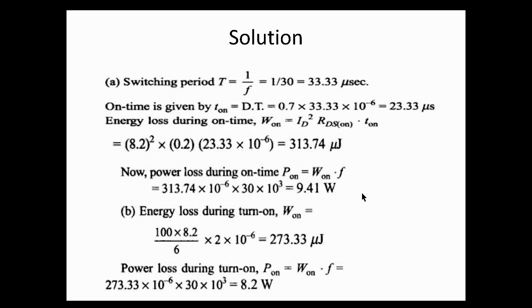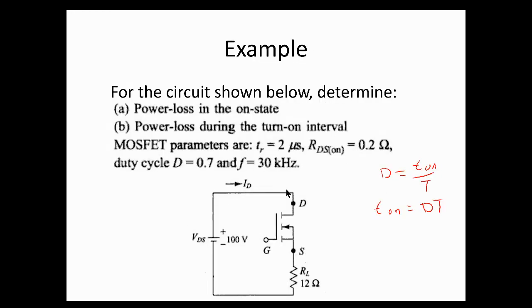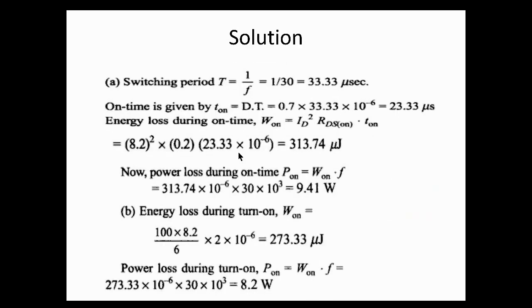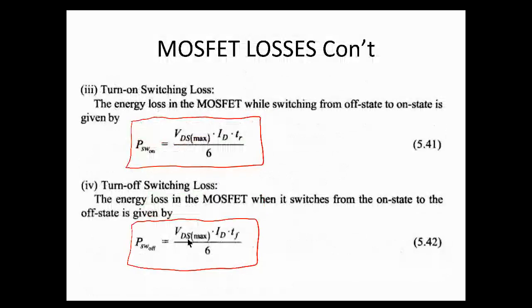All right, so the next part of the question asks you for the power loss during the turn on interval. The energy loss during the turn on, we can calculate using the formula I showed you earlier.